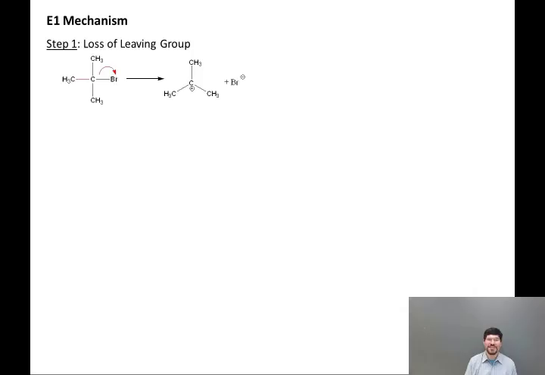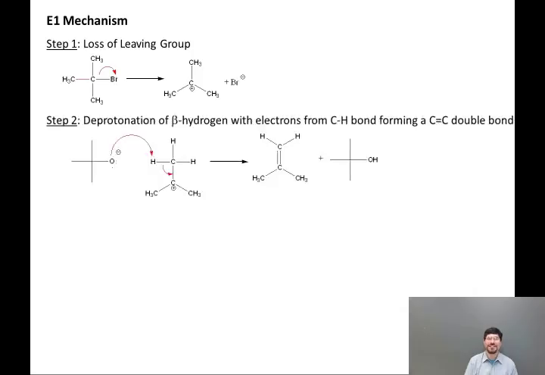Now, here comes the difference. And notice in step 1, the potassium tert-butoxide was not present at all. Step 2 now is when potassium tert-butoxide comes in, but instead of attacking the cationic carbon as a nucleophile, it goes after one of the beta hydrogens.